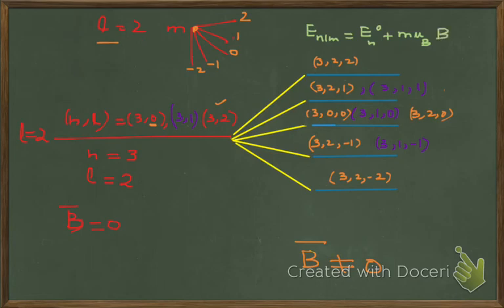So for the level with M equal to 2, we have energy equal to E30 plus 2 mu B B, where N equal to 3, as we are discussing the level N equal to 3, the second excited state.